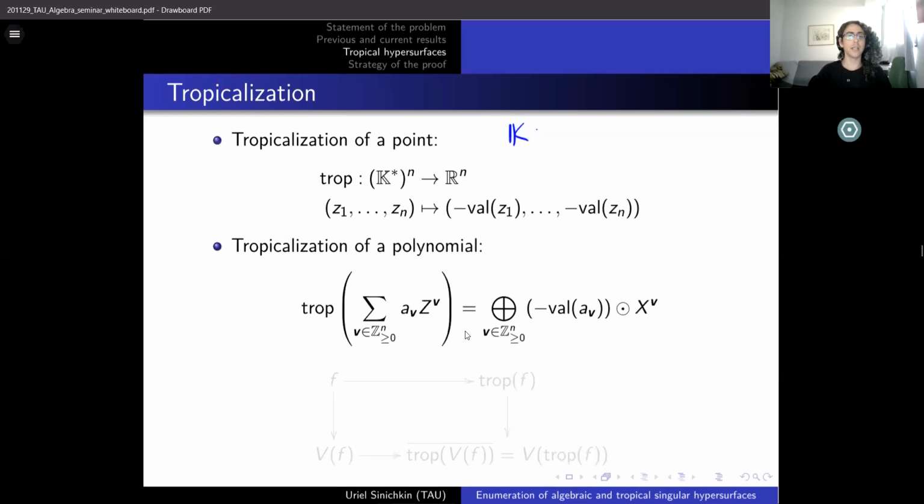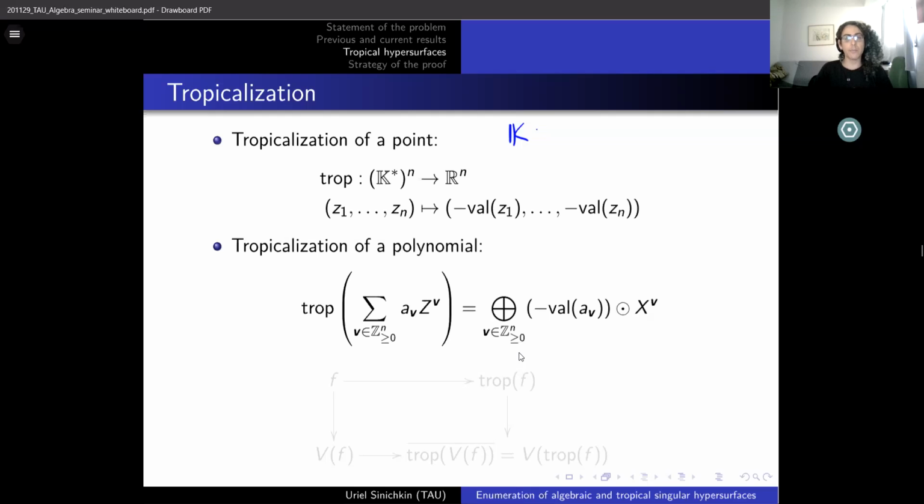It doesn't matter which. What's happening in this slide is correct for any field with non-Archimedean valuation. So here K is some field with non-Archimedean valuation.